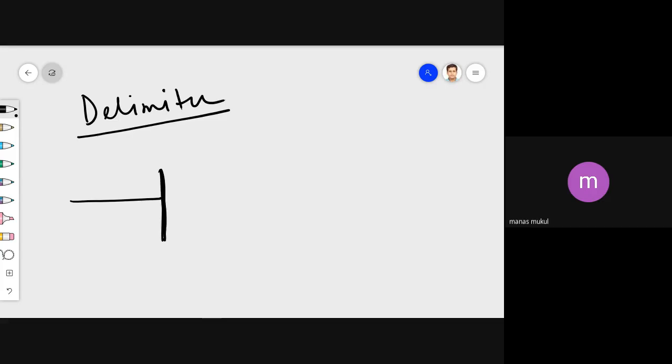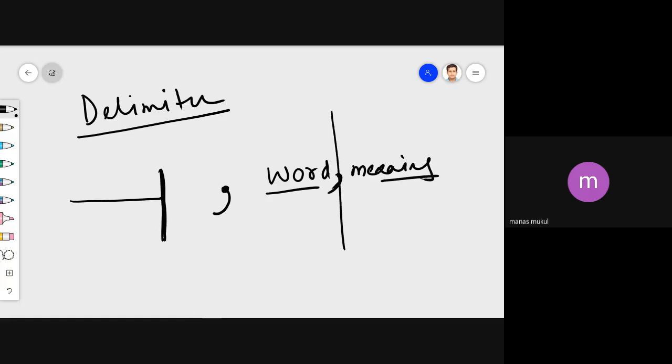The most common form of delimiter is the comma. Suppose I have 2 words, say word, meaning. If I separate these using a comma, that means there is a boundary which I'm drawing here. That means these two are different. So delimiters are those symbols which break the sequence.